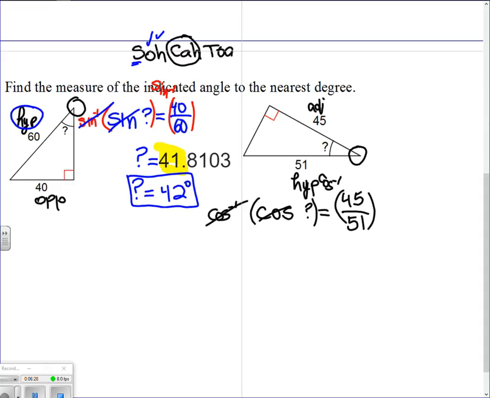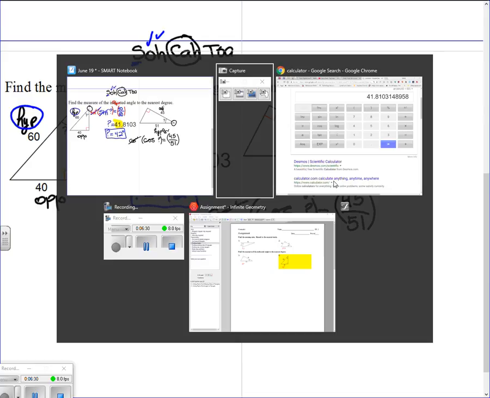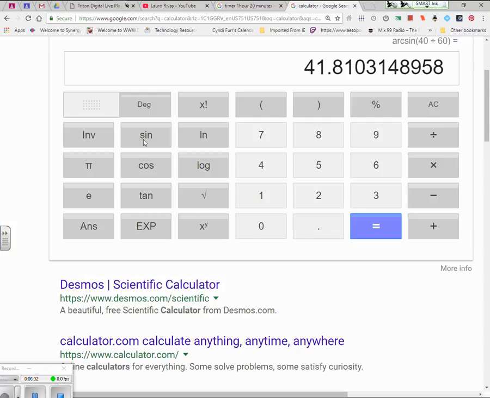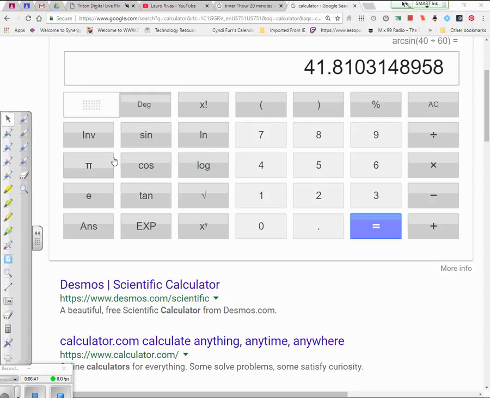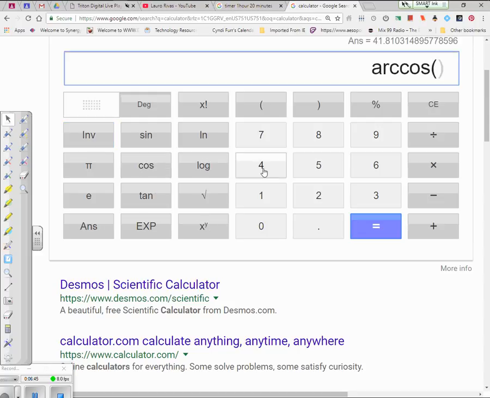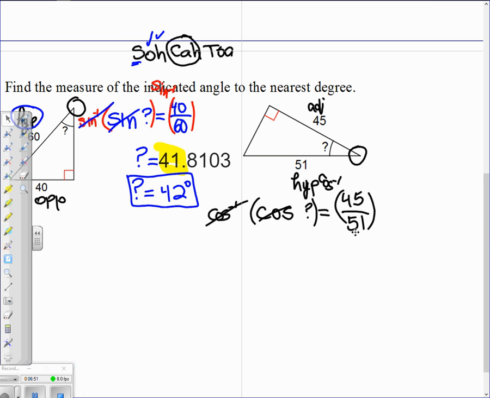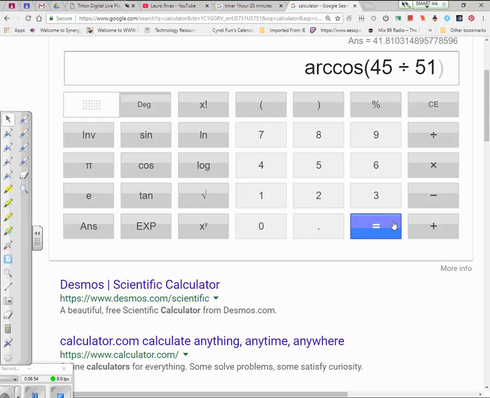So get your calculator. Now I need the inverse of cosine. Inverse cosine of 45 divided by 51. Okay, so the answer will be 28.0724.